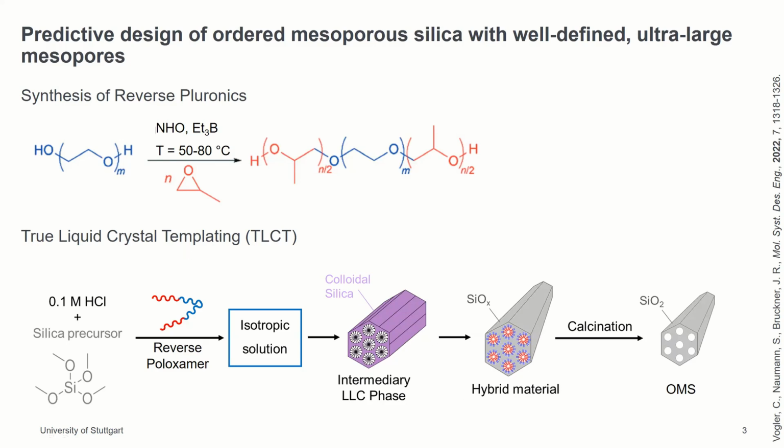Then if the colloidal silica starts to polycondensate, we get a hybrid material where the pores are still filled with the surfactant, which then has to be removed, for example, by calcination or by extraction, to then give us an ordered mesoporous silica material.